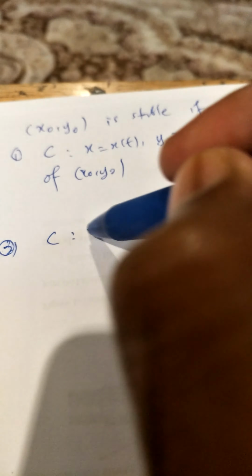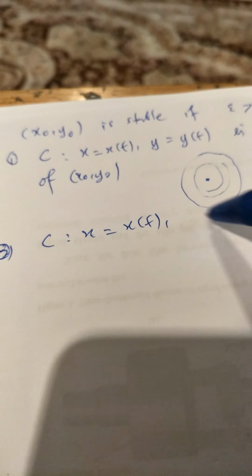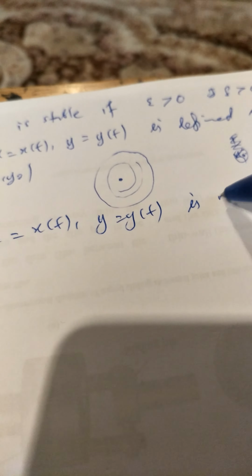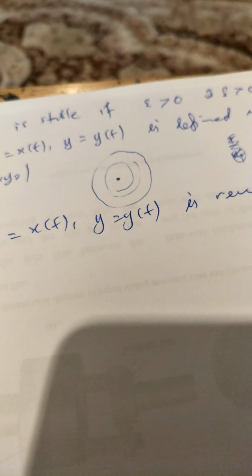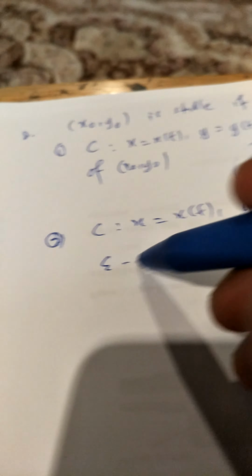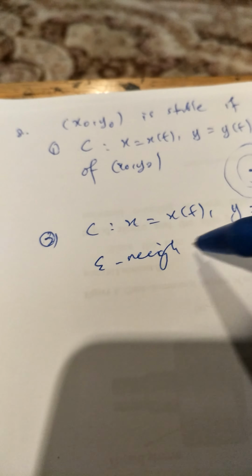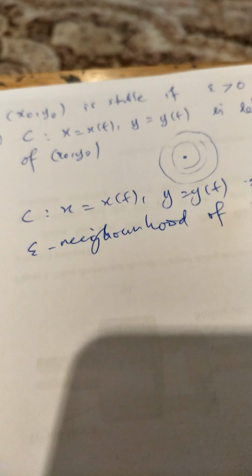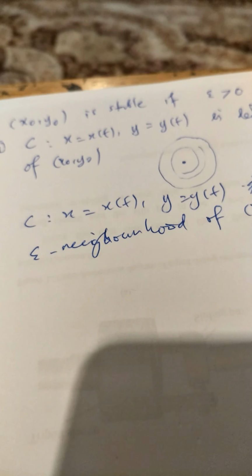And the second condition is that our trajectory C, x(t), y(t), remains in the epsilon neighborhood of x0 y0.